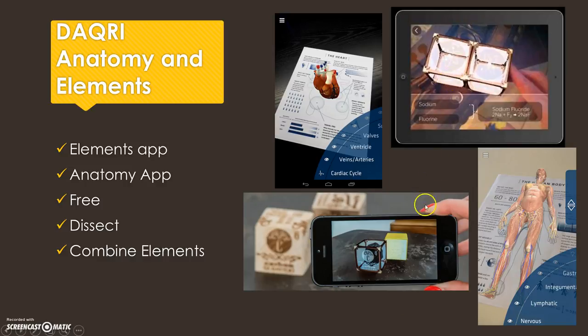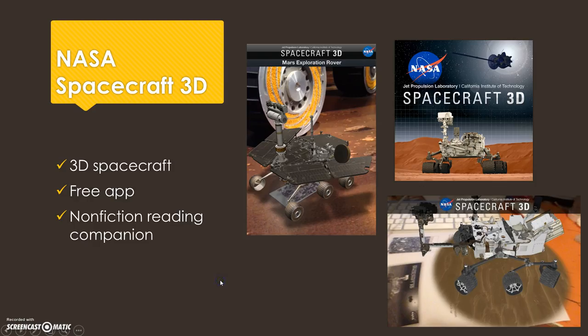Also, the Elements, you can purchase the blocks, or you can print out the free targets and make the blocks origami style for free. You scan them and it actually shows the element inside the box, and it'll give you information about that element. And then you can combine some elements to create those new elements as well. You can actually watch it happen in your hand.